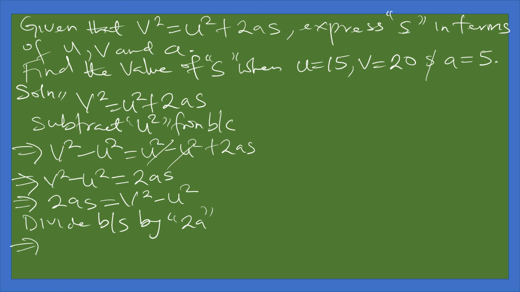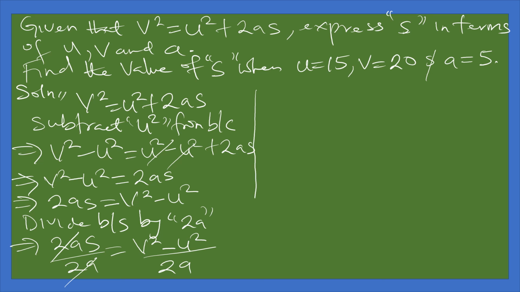This now gives us 2AS over 2A is equal to V squared minus U squared over 2A. This 2A will cancel this 2A, giving us S as equal to V squared minus U squared, all divided by 2A. So we have answered the first part of the question.